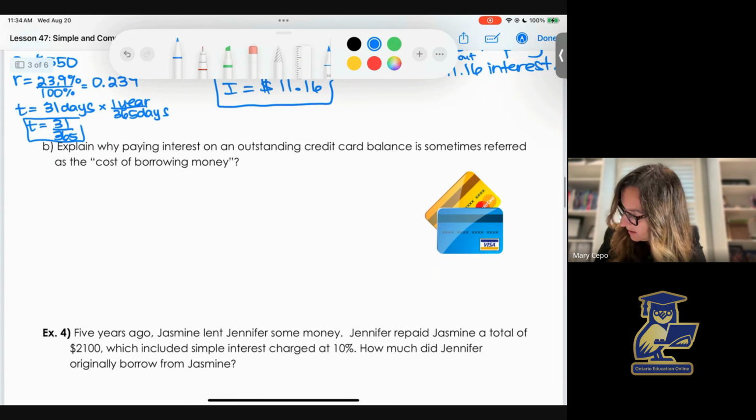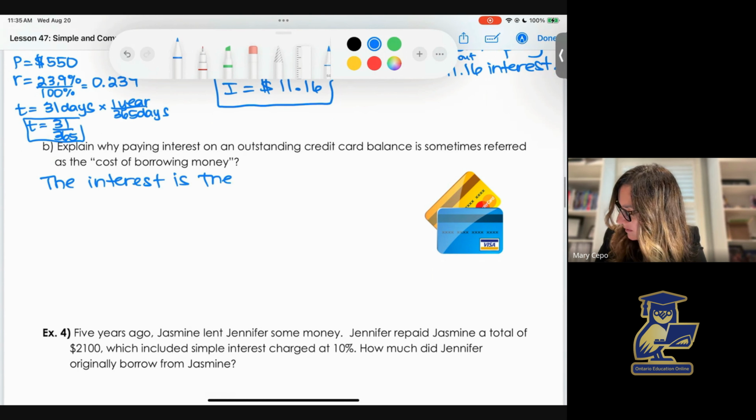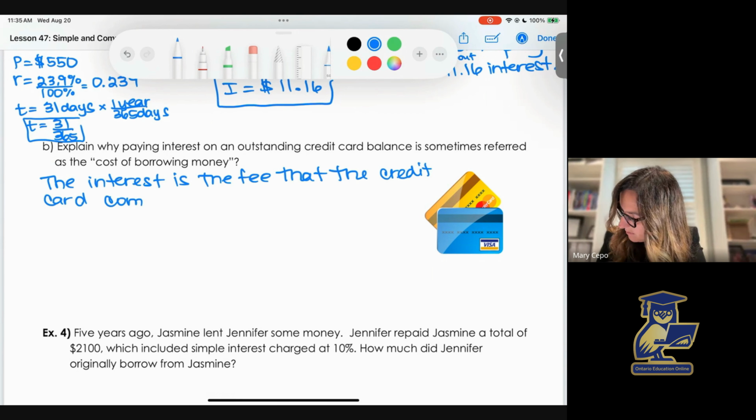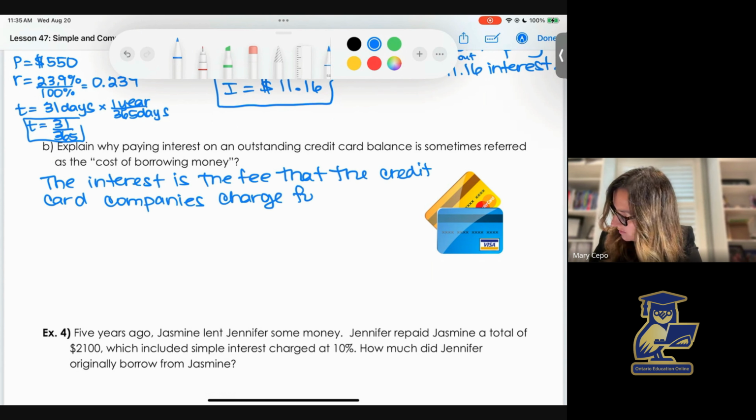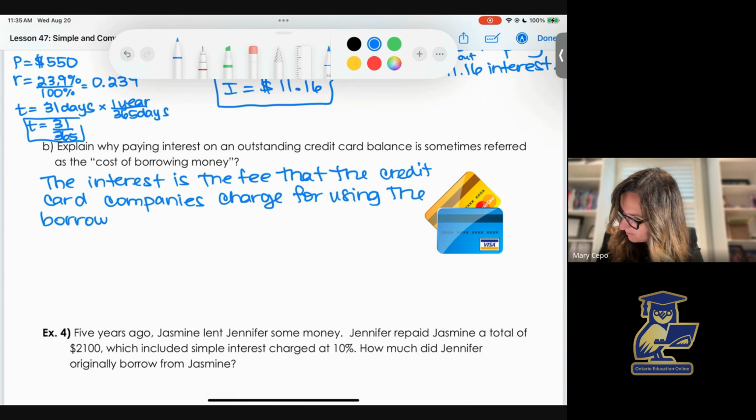So we can say the interest is the fee that the credit card companies charge for using the borrowed money, which represents the cost of borrowing.